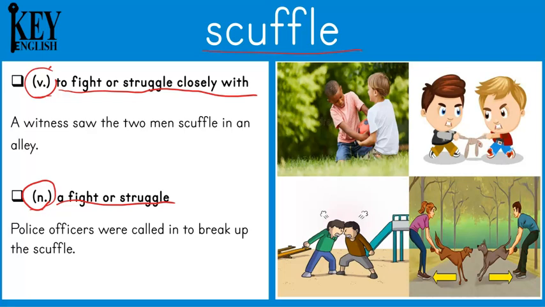The first example sentence says, "A witness saw the two men scuffle in an alley." So there were two men who were scuffling or fighting, and there was a witness or someone who saw them doing that action. The other example says, "Police officers were called in to break up the scuffle."